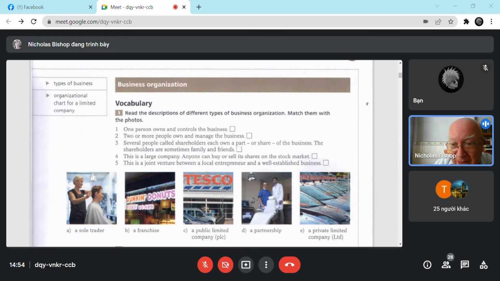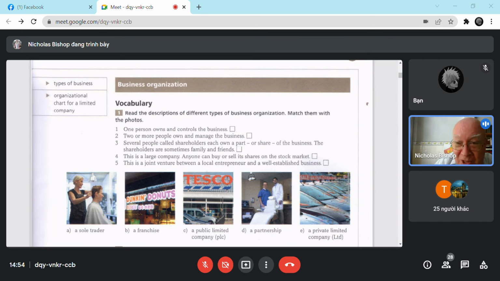Because in Vietnam usually they have men to cut the men's hair, and women to cut the women's hair. But in this picture it looks like a woman, and I guess the customer is a man. So it's a bit mixed up, yeah.